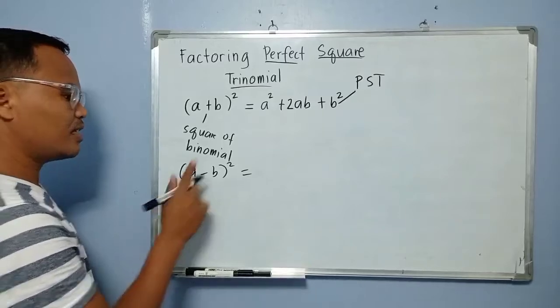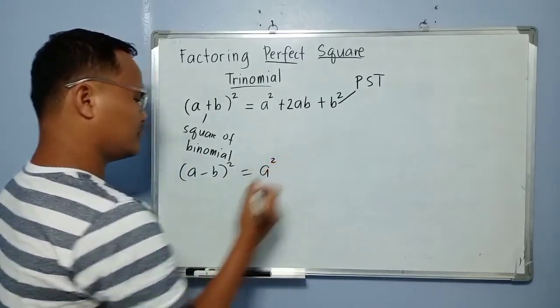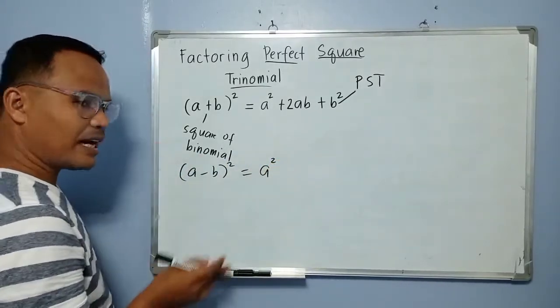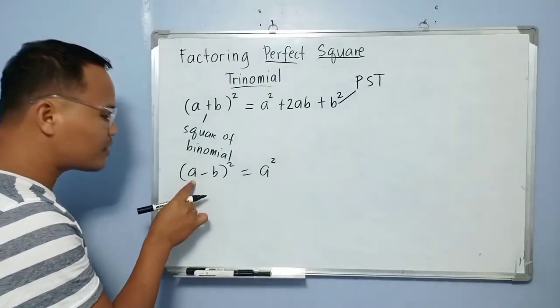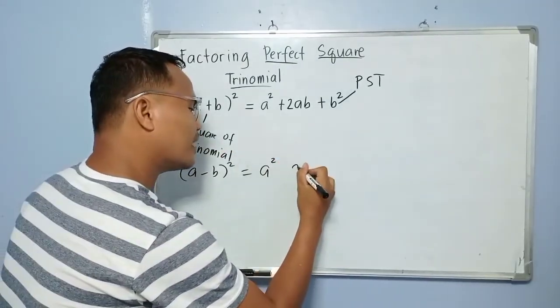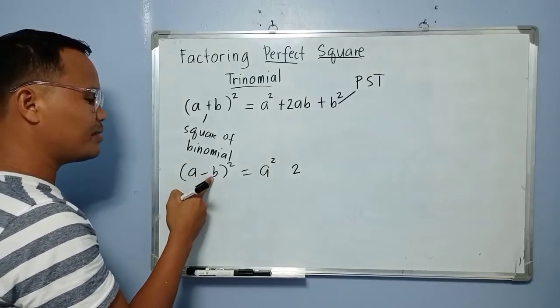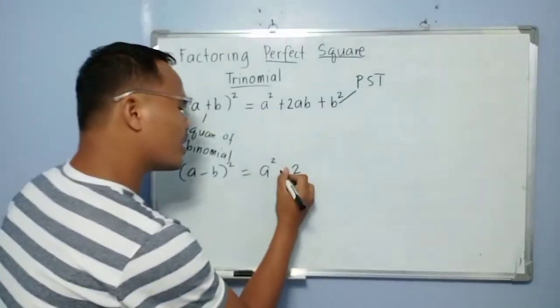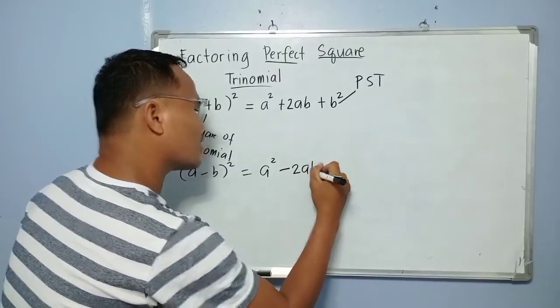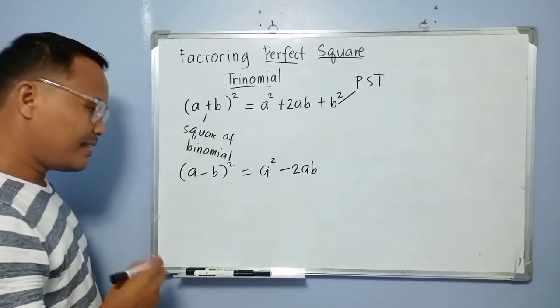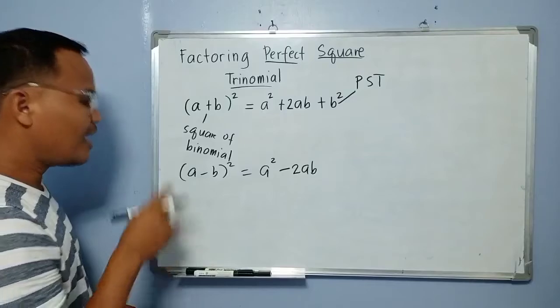Just square the first term, we have a squared. Then twice the product of the first term and the second term. The product of a times negative b is negative ab, so we have negative 2ab. Then square the second term.